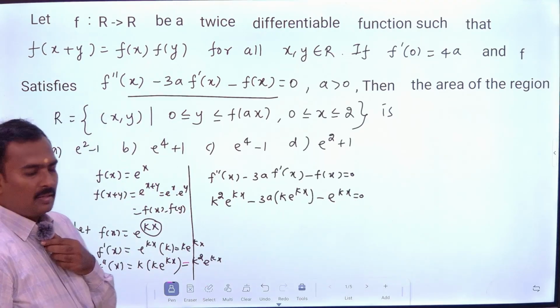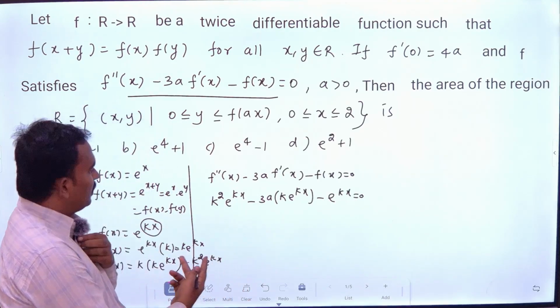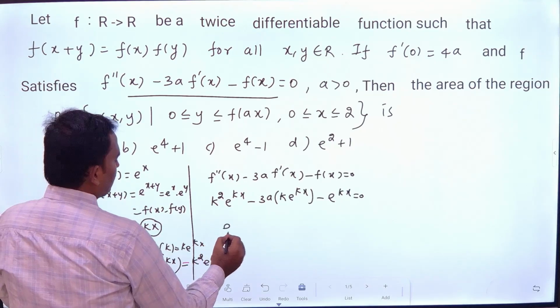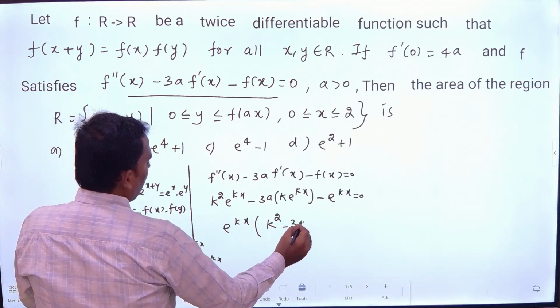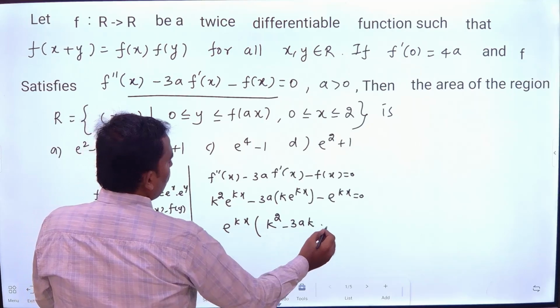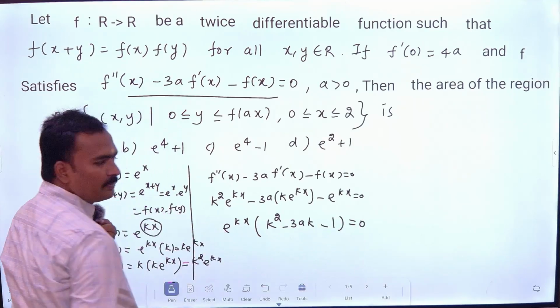In this whole expression, e power kx is common, so take it out. What remains is k square minus 3a k minus 1.